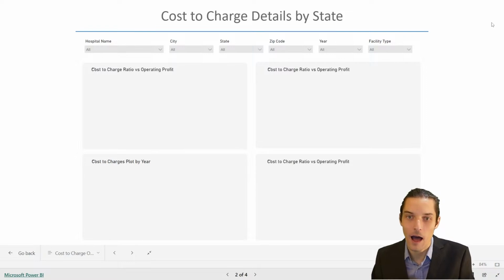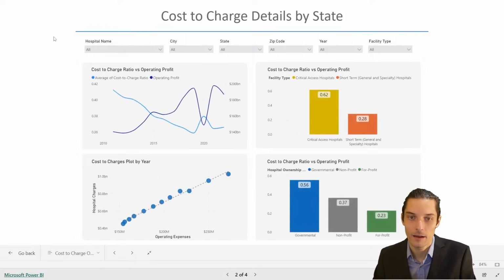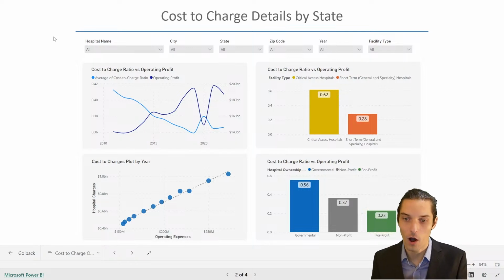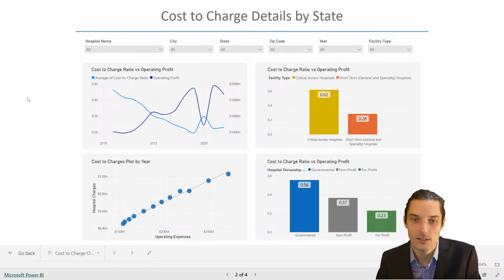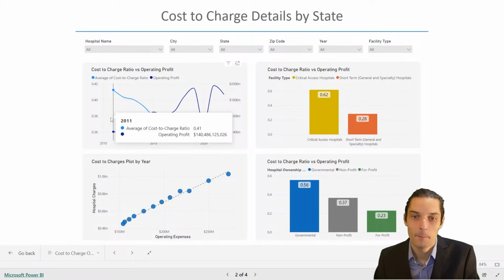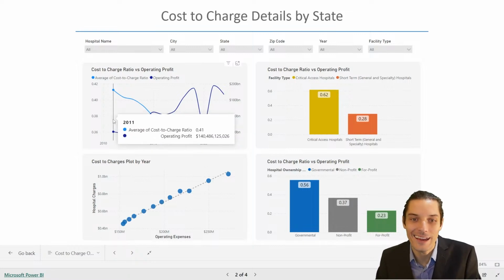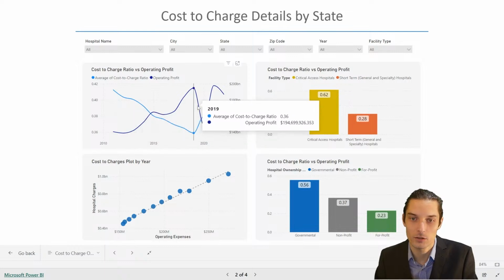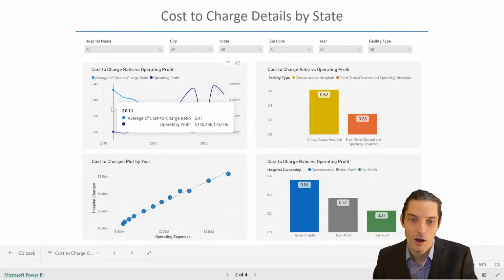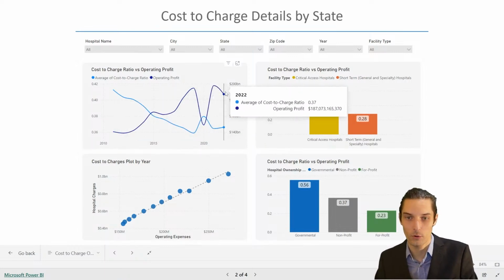If we look at it on a detail level by state, this is what it looks like on a state basis and overall. And so you can start to understand the trend being very interesting when you look at your cost to charge ratio and your operating profit from 2011 to 2022.